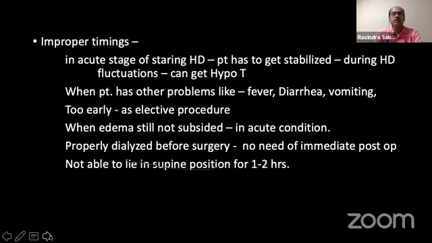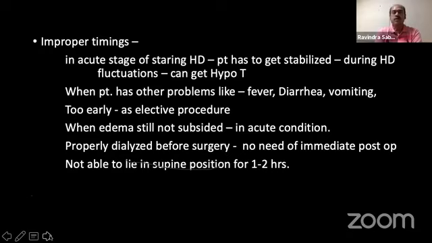Almost 80% of our patients are the acute fistula formation, meaning thereby they come in a sudden acute condition, they undergo dialysis by the double lumen catheter, and then they come up for the fistula formation. So in acute stage of starting hemodialysis, unless and until patient is stabilized, it is not appropriate to do fistula. He has undergone first dialysis just yesterday, and today you are taking a fistula, not proper at all.